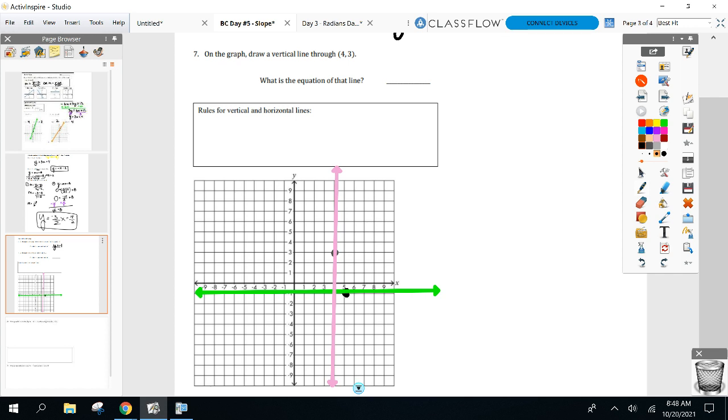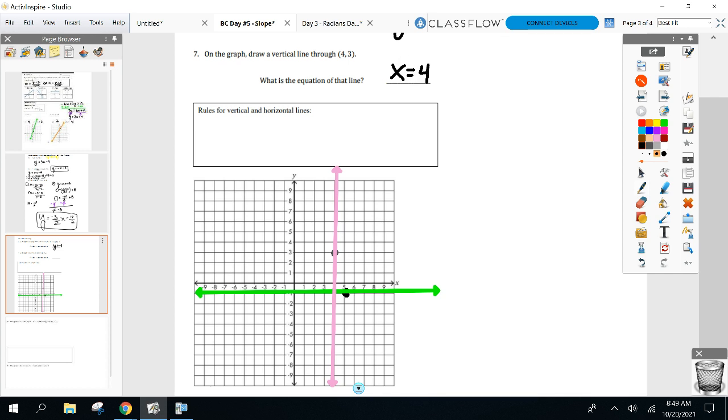So any vertical line, what would be the equation there? Pick a point on that line. Say in your head, what's the x coordinate? Pick another point. Is the x coordinate the same as the previous one? What are all the x coordinates on here? 4, right? So my equation is going to be not y equals 4, but x equals 4.